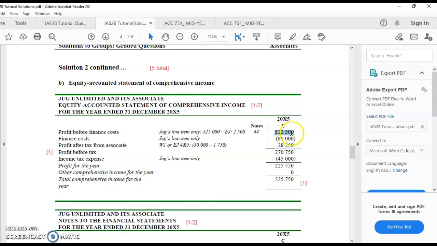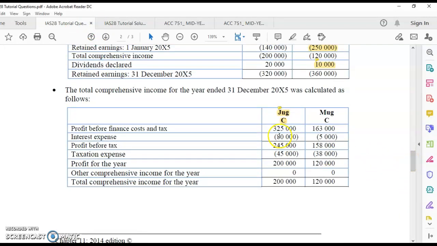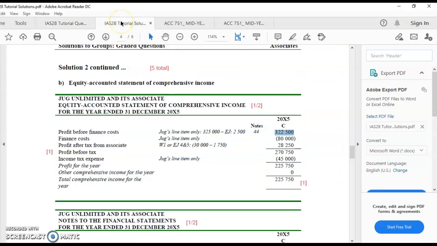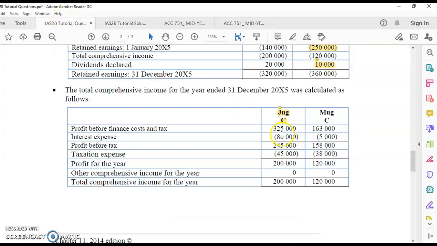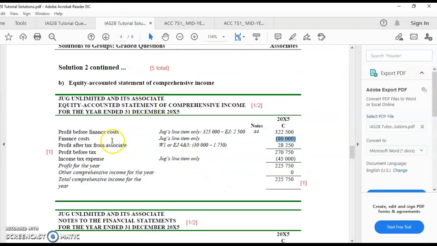This 322,500 is just the portion of JAC only, because we don't add Mark, because we are not consolidating, just equity accounting because it's an associate. And what else? Finance cost of 80,000, they are only for JAC, we didn't add Mark. So I just want you to get that principle straight.